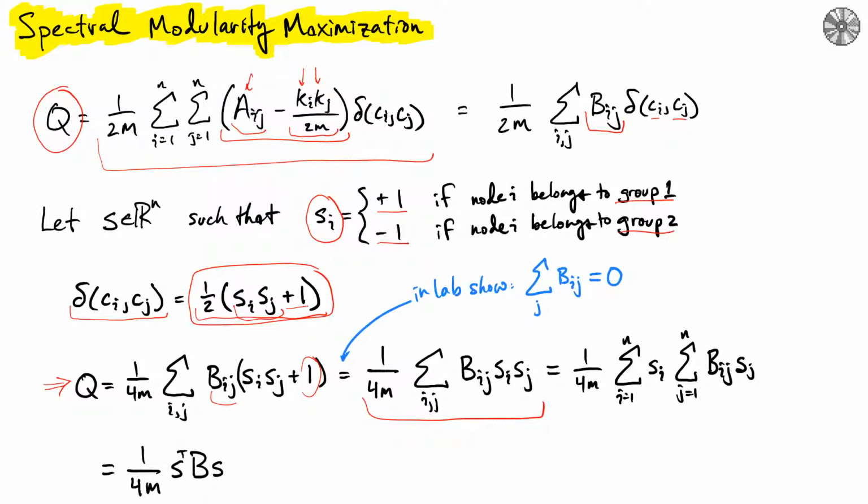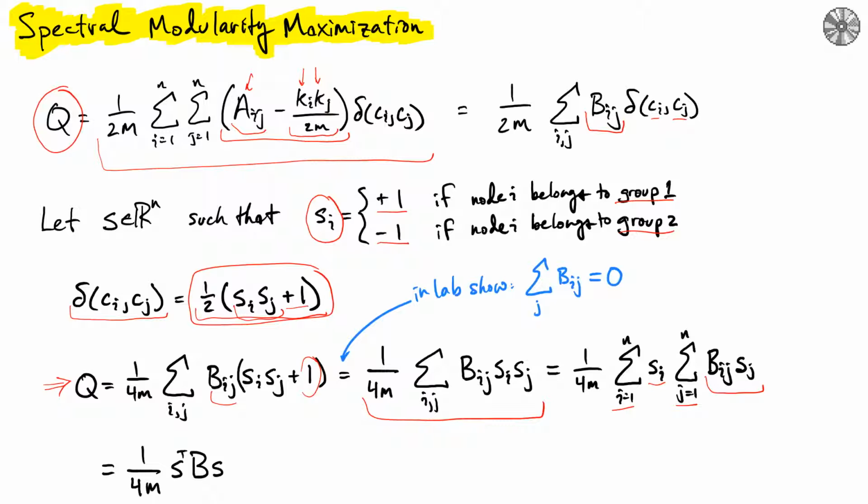In particular, if you factor out this s_i outside of the j sum, because it's not dependent at all on j, then what you're left with is essentially a matrix multiplication between the matrix B and the vector s.